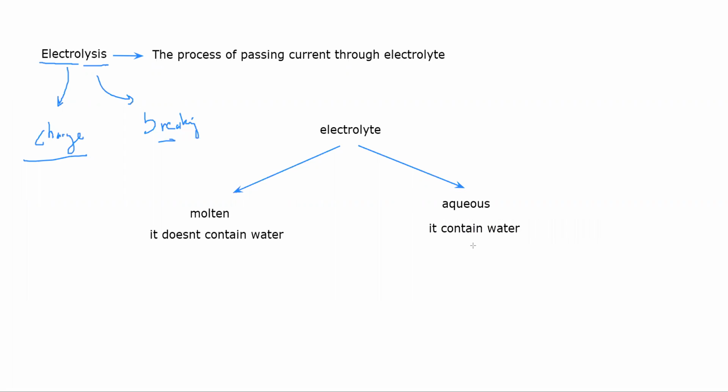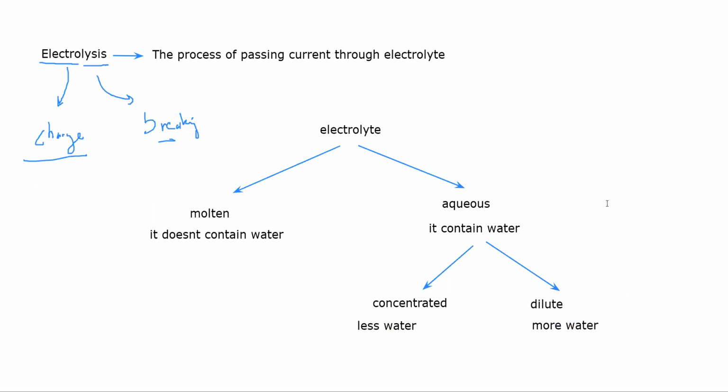And aqueous electrolytes are also divided into two classes. One is known as concentrated, another one is dilute. Concentrated electrolyte contains less water, and dilute electrolyte contains more water.